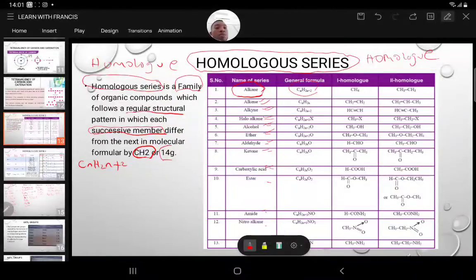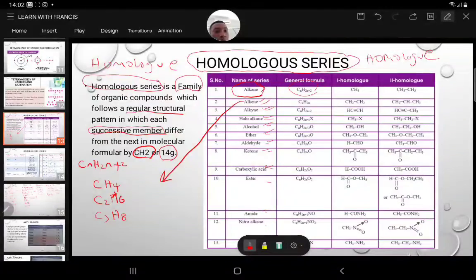This is a typical objective question. Remember I said that for the alkanes, the first member is CH4, followed by C2H6, followed by C3H8.